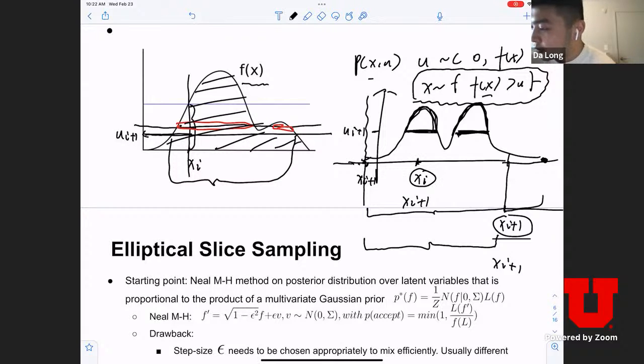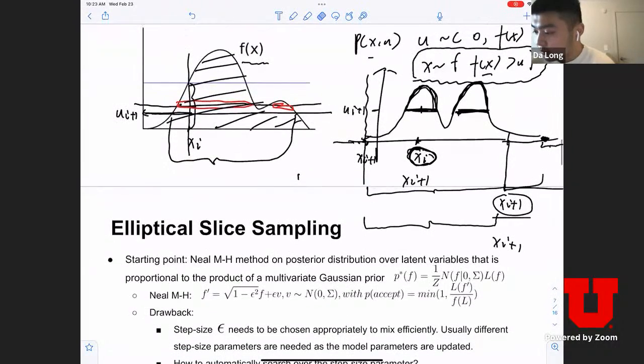This is the center, and you just want to discard the area that is away from the current sample, because you can always make sure the current sample is in the valid region. So if the first point is here, you just discard all the region after this, and this part will be the current sampling region. So you repeatedly do the shrinkage, and then you can get a valid sample from the valid region.